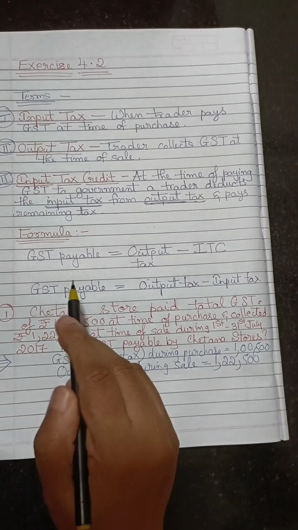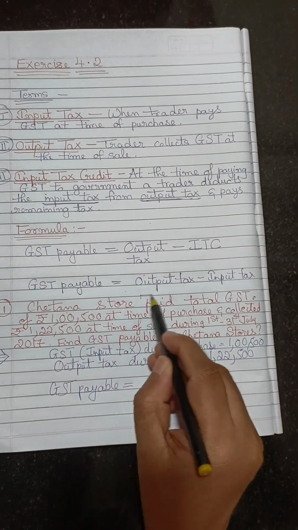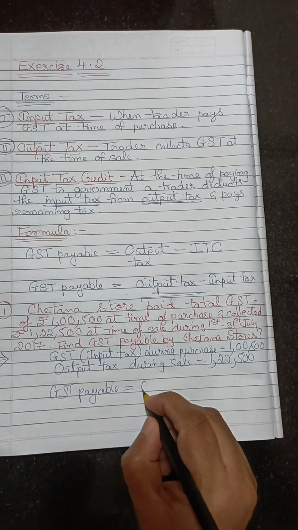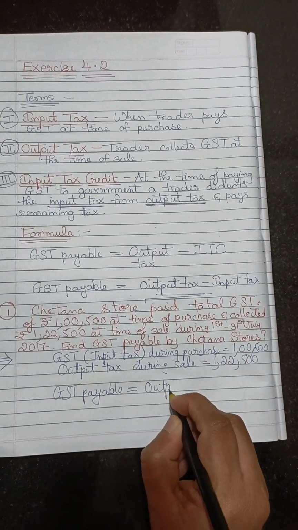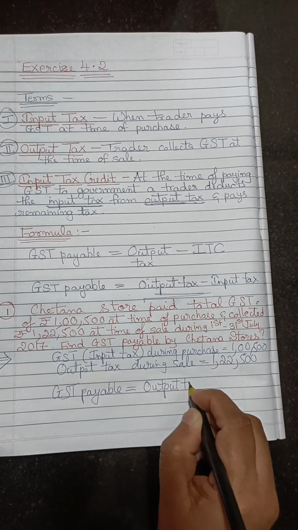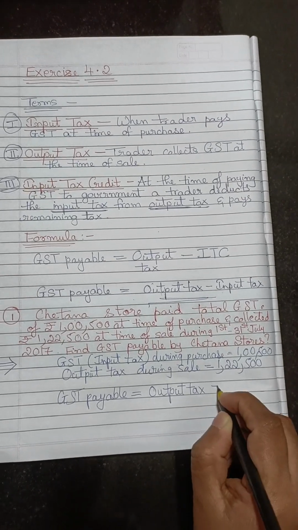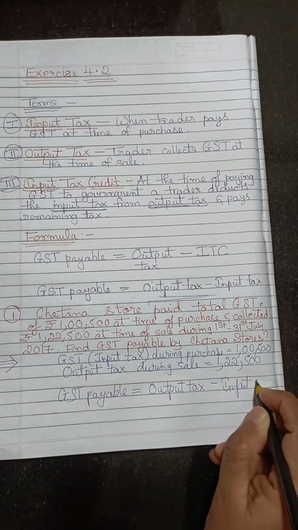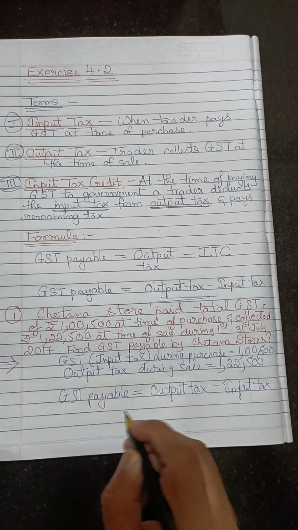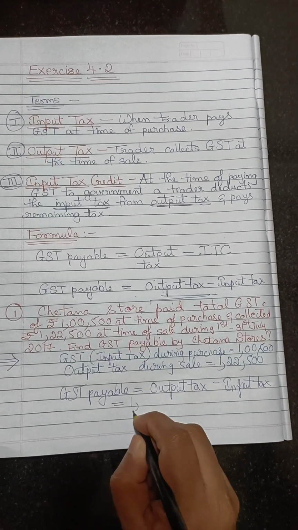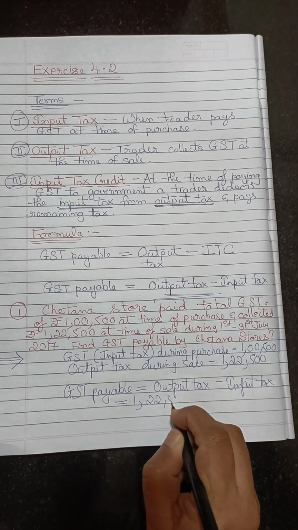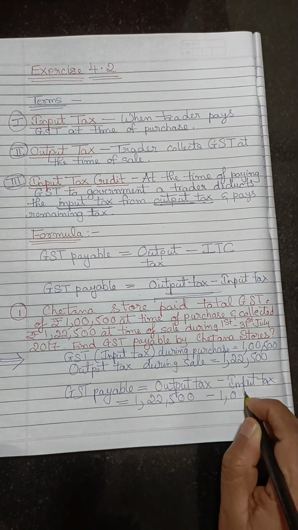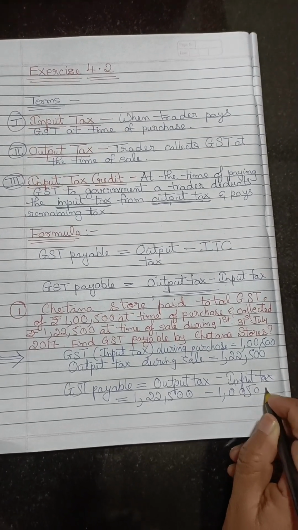Now we have to find GST payable. So what is the formula we learned? Output tax minus input tax. So you have output tax minus input tax, which is 1,22,500 minus 1,500,000.